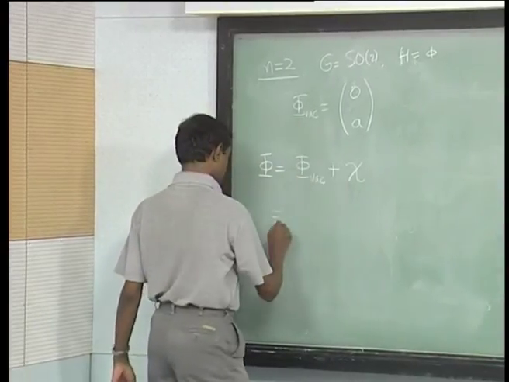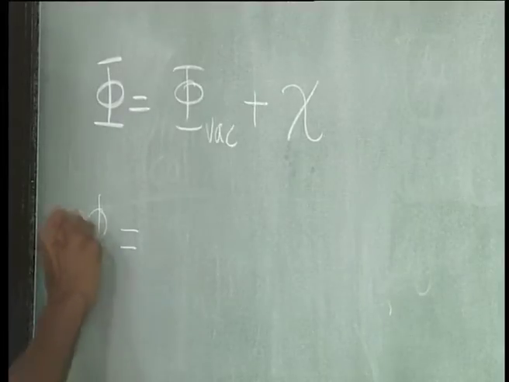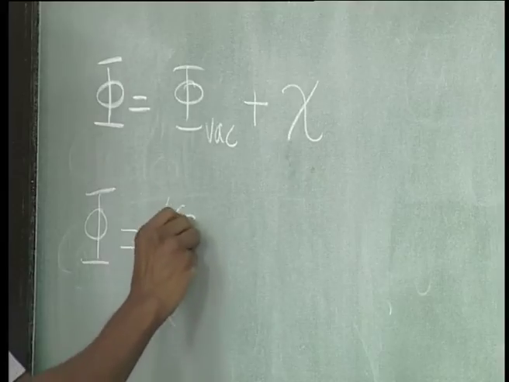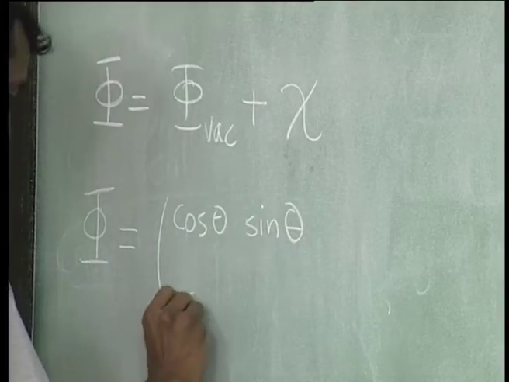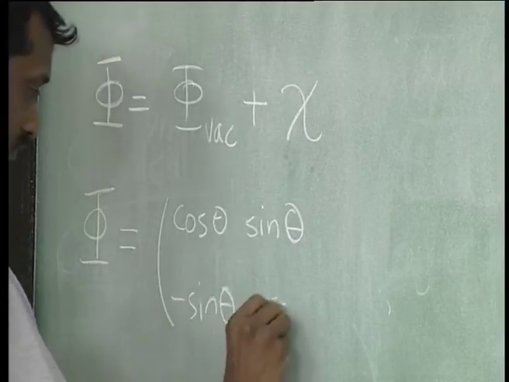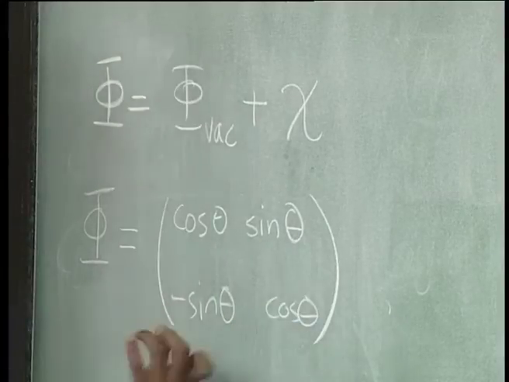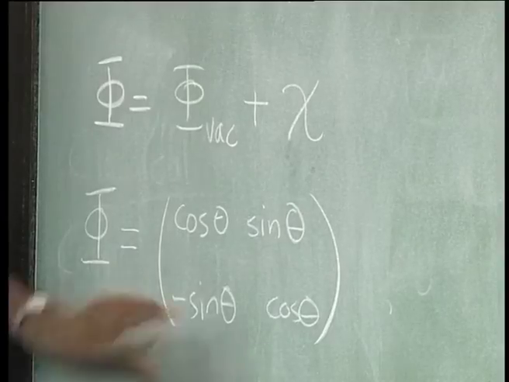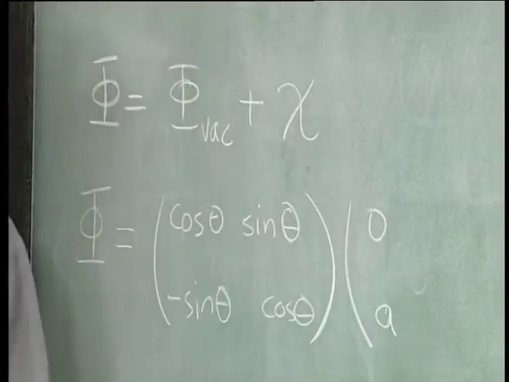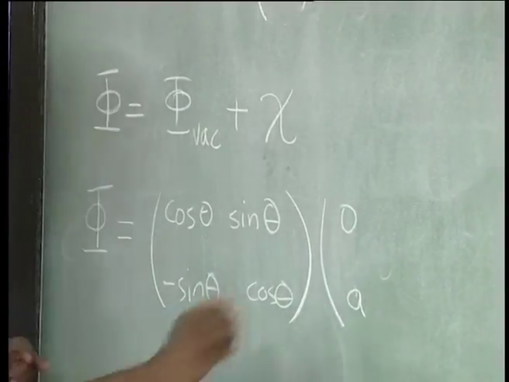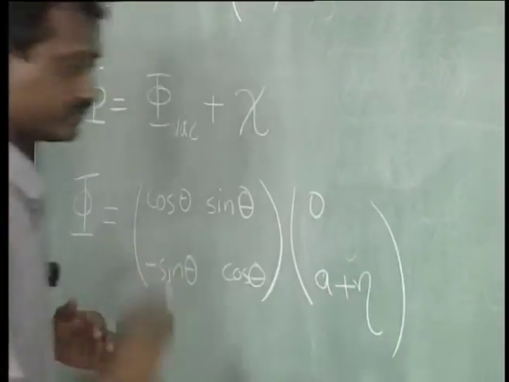So, I will write this as phi for our example. So, this is the SO2 transformation which is broken, which acts on A. So, plus I will write an eta.